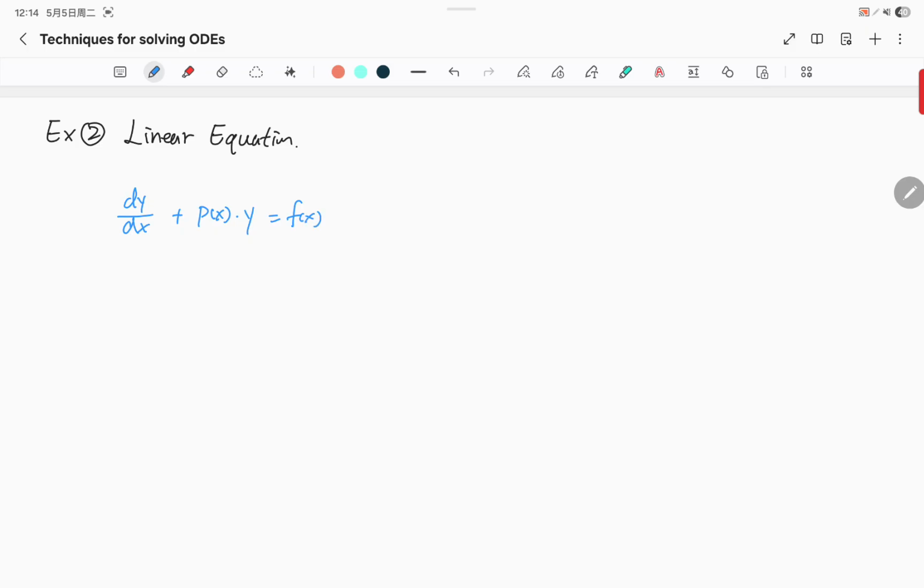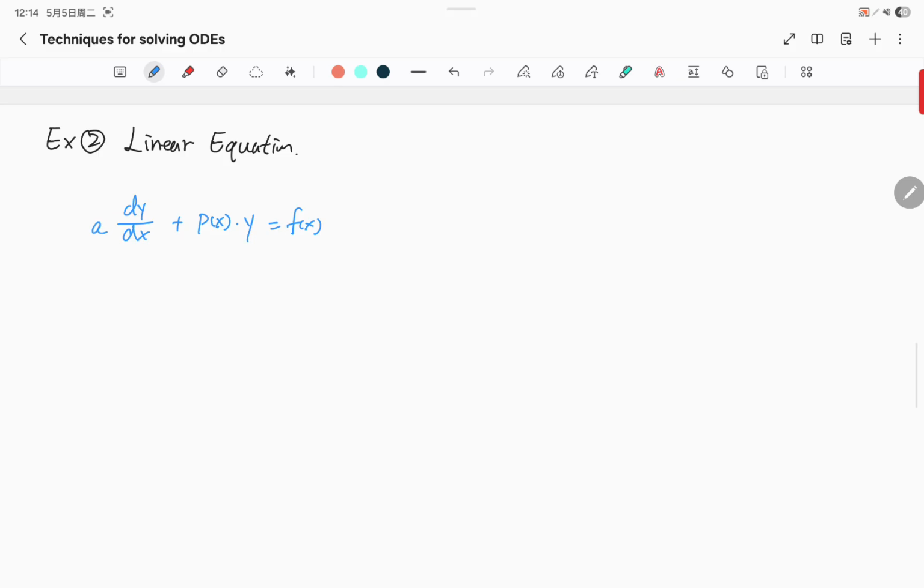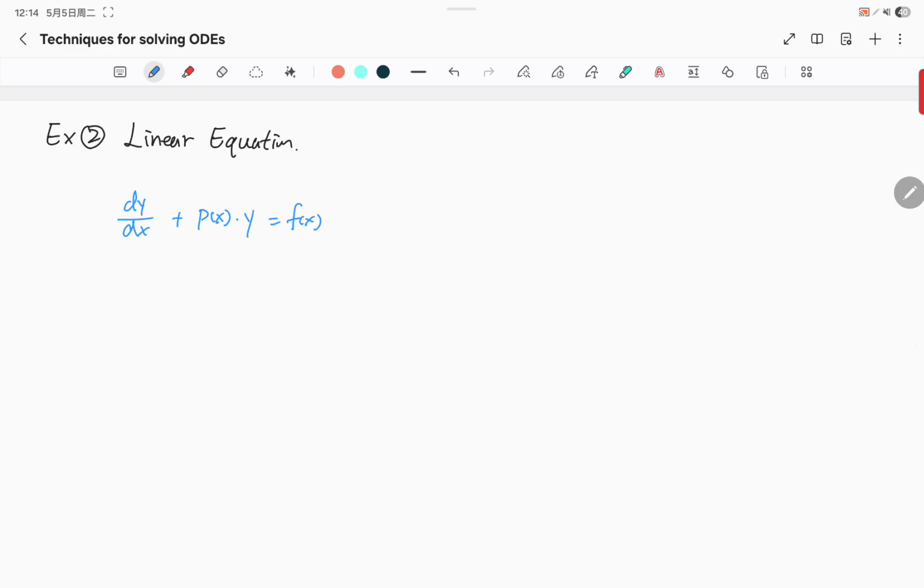This is the general form. General form means you make your equation look the same as this form before you can use the linear equation method. So if you have a number in front, you divide the whole thing by this number. Basically, the equation must be transformed into this format before you can use the linear equation method.